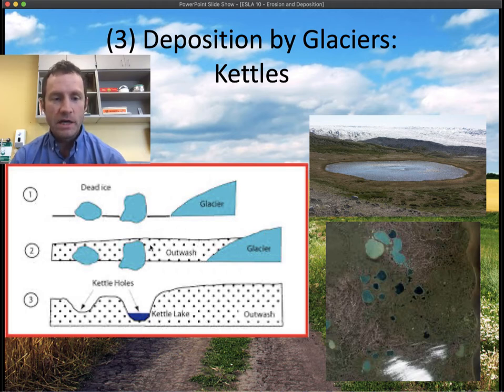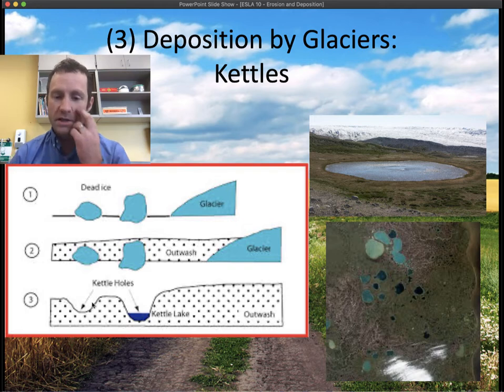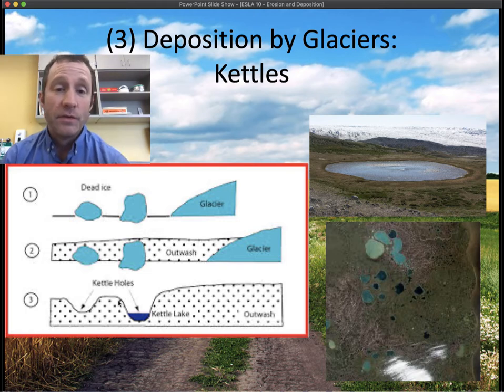And they might eventually be covered by sediment that's washed away from the glacier, washing around those big blocks of ice. And once the ice eventually does melt, it can leave behind basically this depression in the ground. It's nice and round, and it's this tiny little cute kettle lake. And that is another landform that's left behind by glaciers.